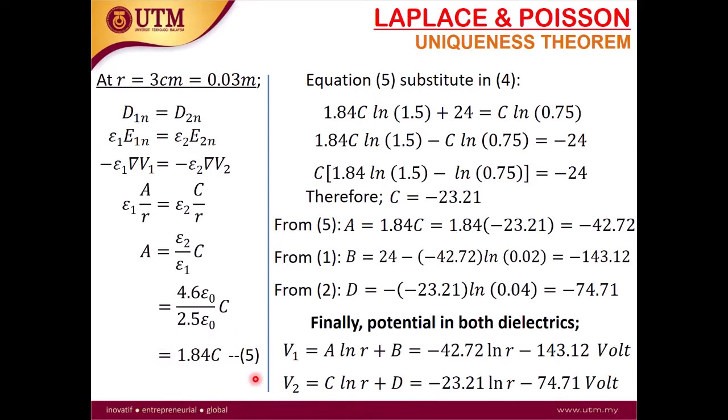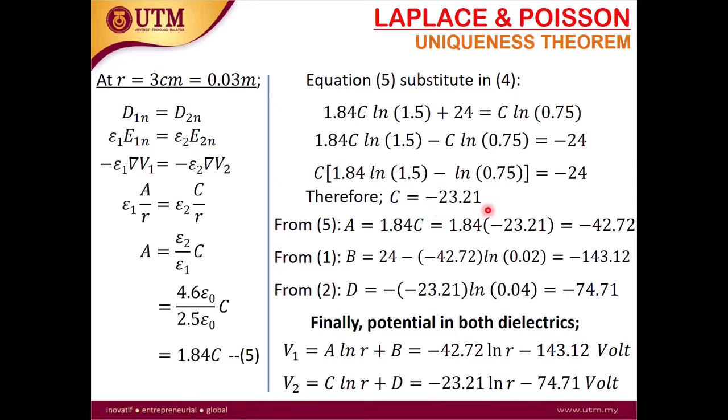Then we substitute equation 5 into equation 4. What we obtain here is 1.84 C ln 1.5 plus 24 equal to C ln 0.75. Then we rearrange, and finally we obtain C equal to negative 23.21.